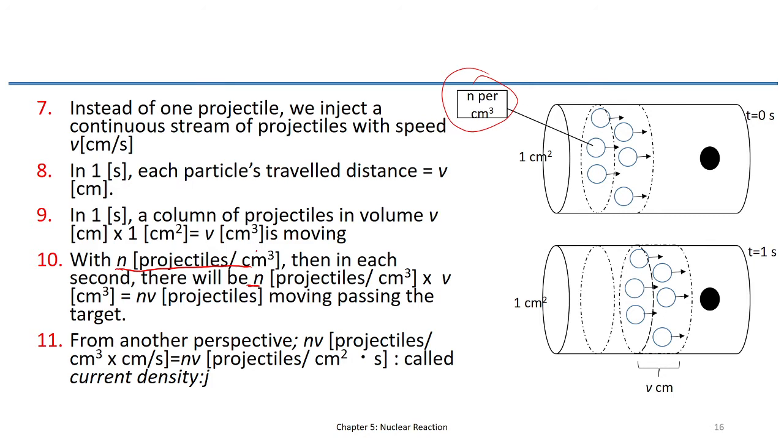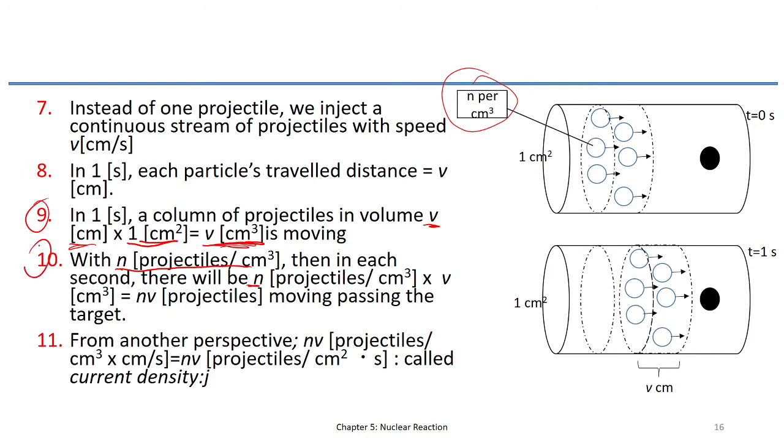If we check the unit at point number 9, the volume: if you multiply the travel distance in 1 second with the cross sectional area, which is 1 square centimeter, you get v in the unit of cubic centimeter.